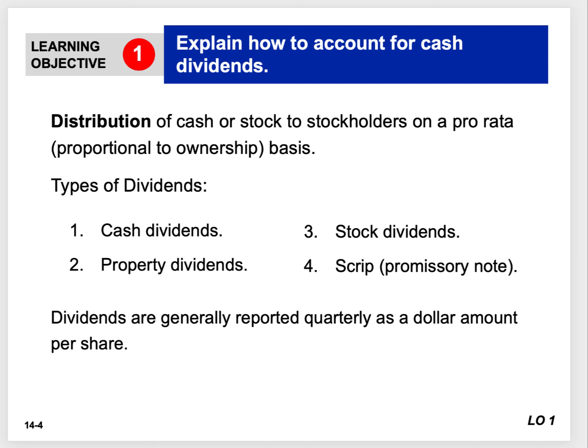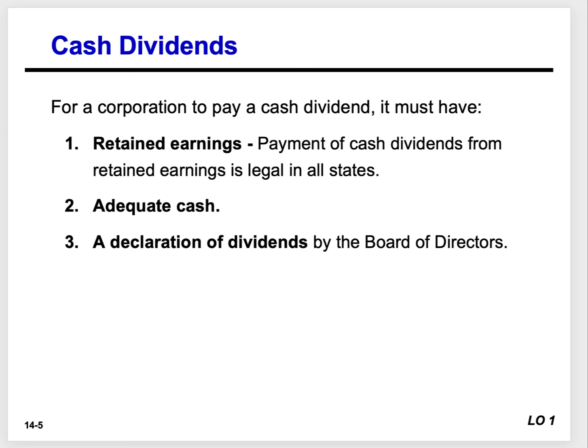They're reported quarterly, and they're reported based on a dollar amount per share. What are the 3 pre-qualifying things that we need in order to pay a cash dividend? Have to have retained earnings, have to have adequate cash, and the board of directors has to declare a dividend.